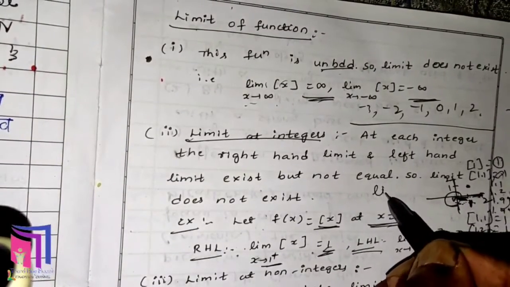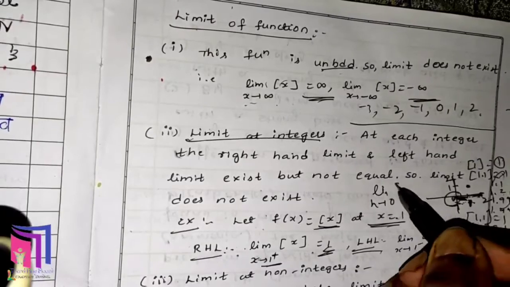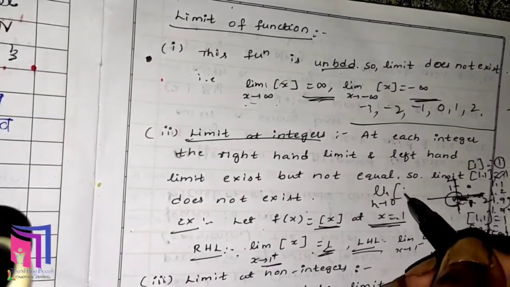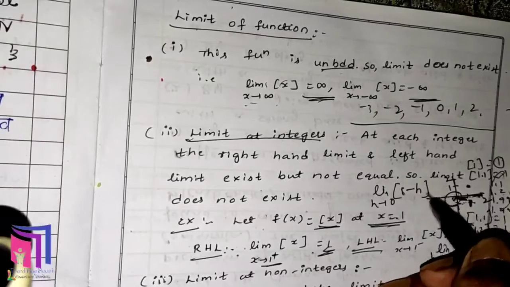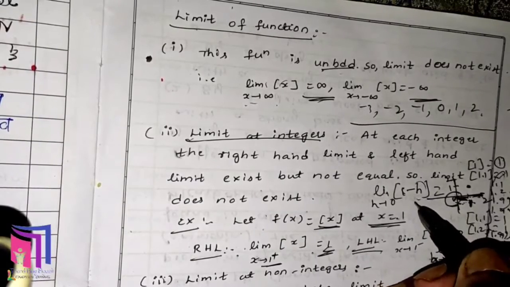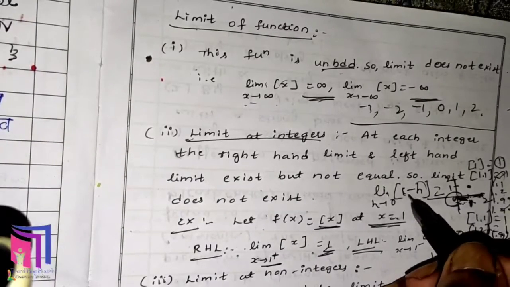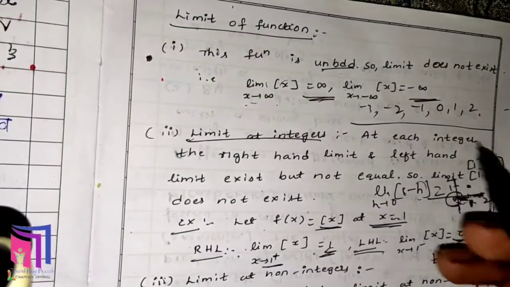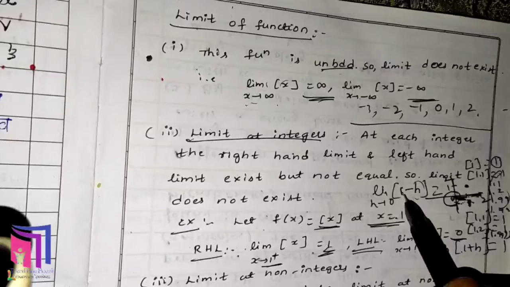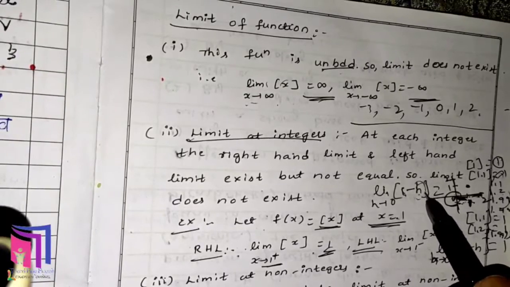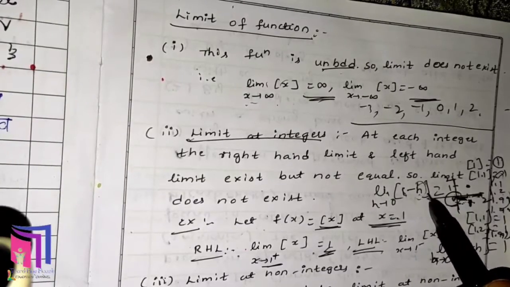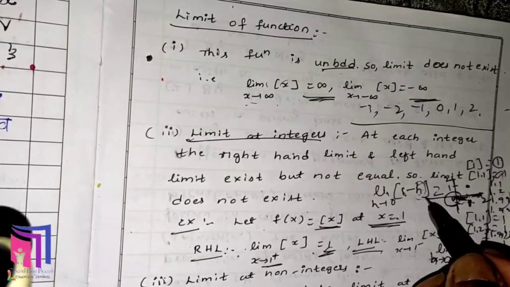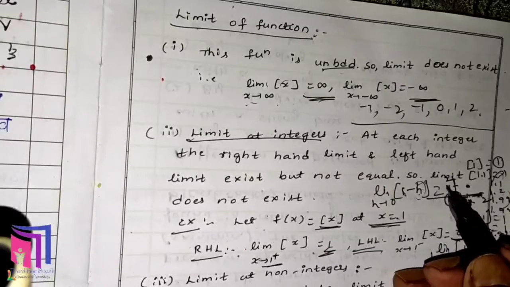That means limit h tends to 0, 1 minus h. Okay, we take any value h and subtract it from 1. In any values of h, we get less than 1 only.